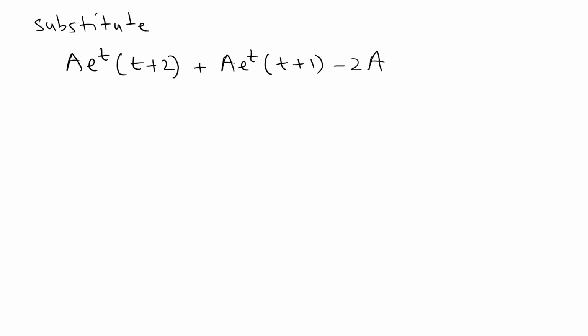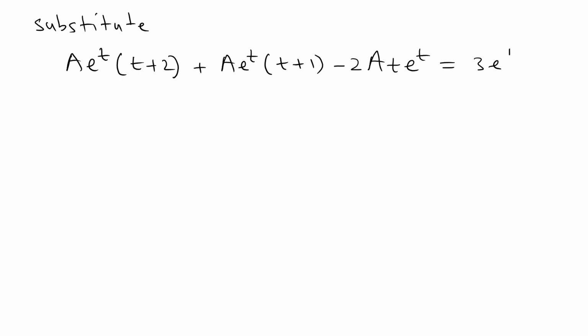When you substitute, the first term is going to give you a e^t (t plus 2), that's the first term, plus the second term, which gives you a e^t (t plus 1), and then you have minus, in this case, 2y, so 2y means 2 a t e^t, equal on the other side to 3 e^t.